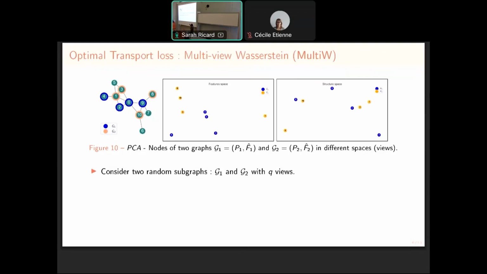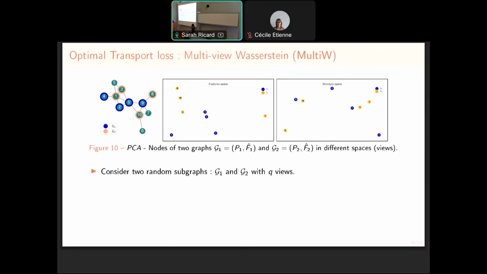And what we can do now is to try to move the weights. So we consider that each node has a weight of 1. We want to move the weights of the blue nodes on top of the orange nodes with a minimal effort, basically. So with a minimal distance.